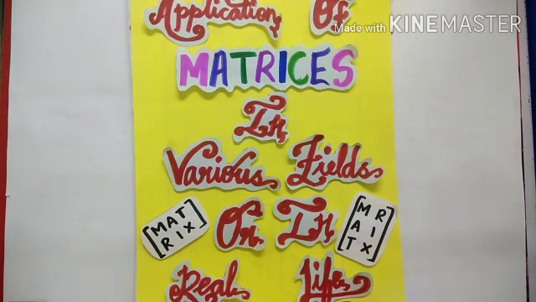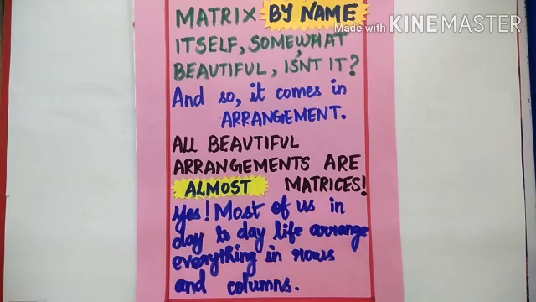Good morning, children. Having studied matrices and determinants, types of it, properties of it, operations on matrices, today we are going to do some applications of matrices in various fields. Matrix, by name itself, somewhat beautiful, isn't it? Almost all the beautiful arrangements in nature are matrices, that is, in rows and columns.